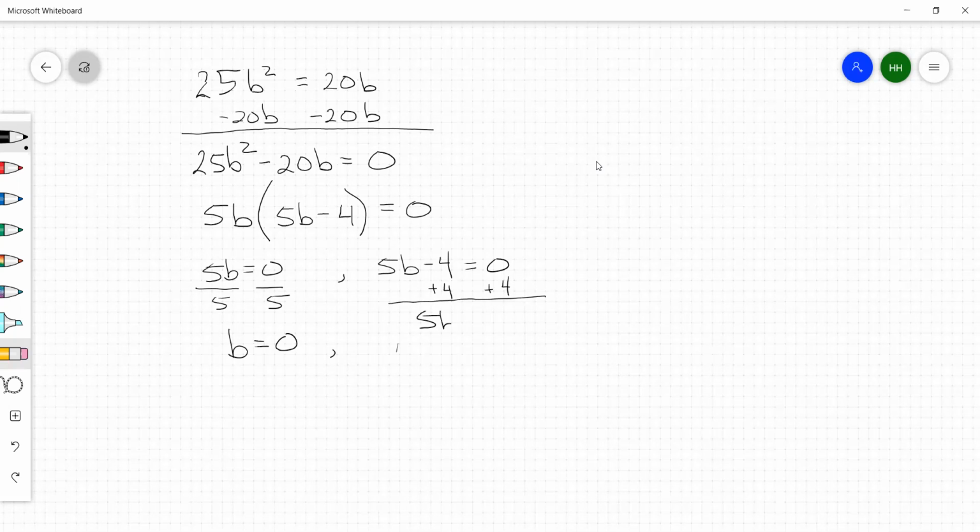So 5b would equal 4, and then divide both sides by 5. And your b would be equal to 4/5. So this graph would hit the x-axis at 0 and 4/5.